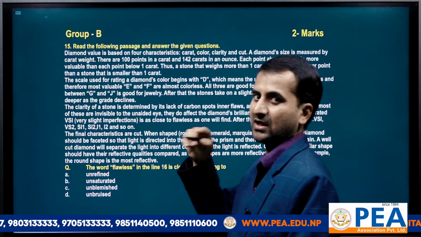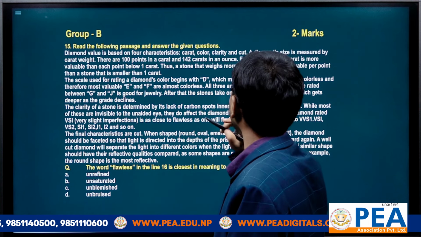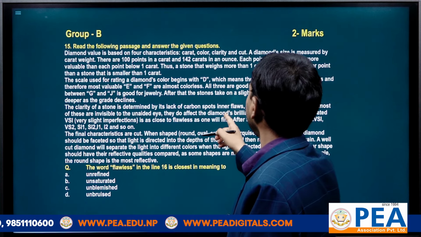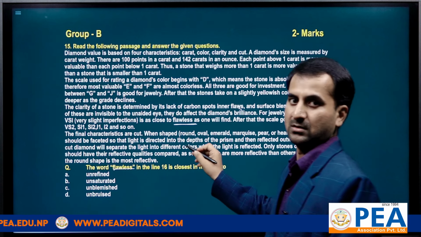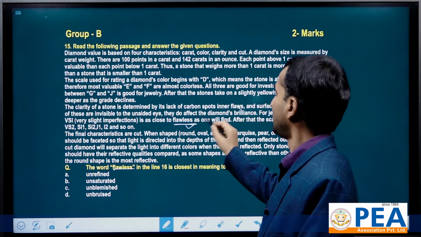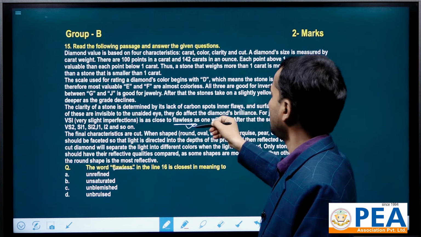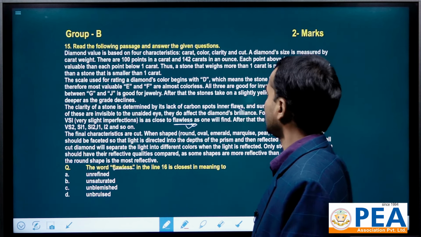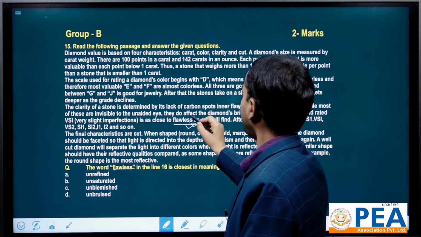But in the examination, in the IU entrance examination, you will definitely find it in the same line. Here it will be difficult to find, but I am just telling you where it is written. Here it is, flawless.